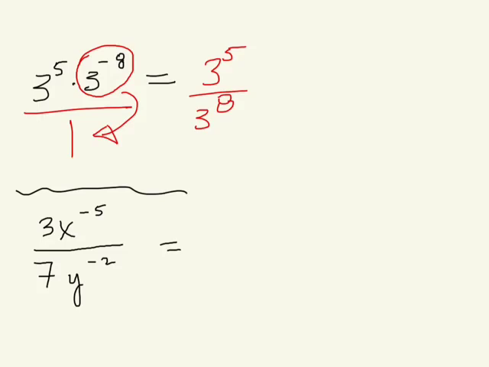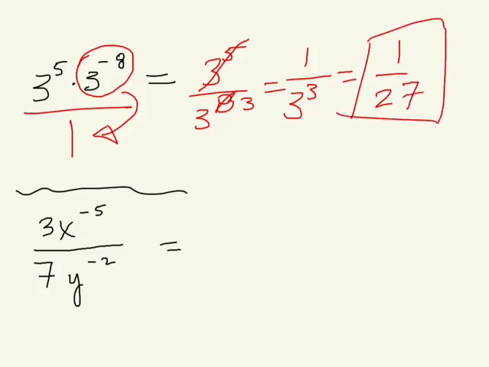So 3 to the 5th is going to cancel 5 of these down here. You still do your cancellation like we learned in last section. So that's going to be 3 to the 3rd because it cancels 5 of them. So you get 1 over 3 to the 3rd. 3 to the 3rd is 27, so you get 1 over 27. That's your answer right there.